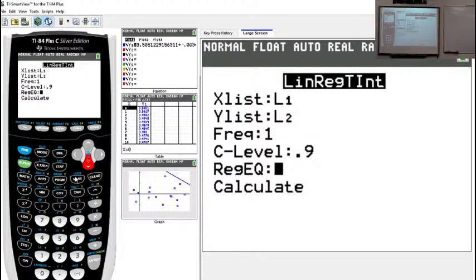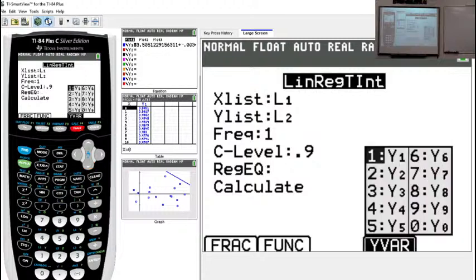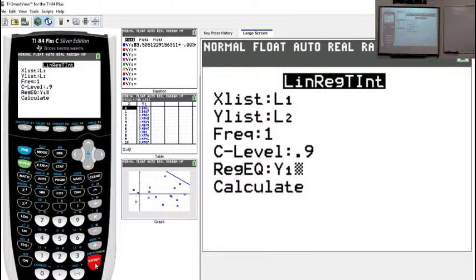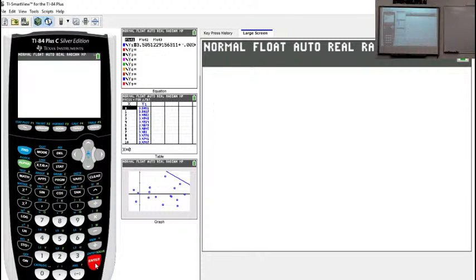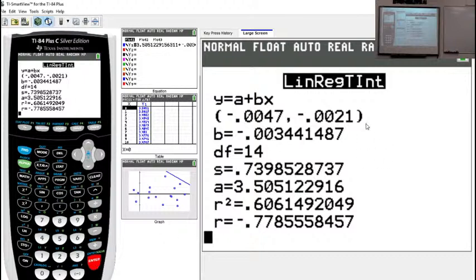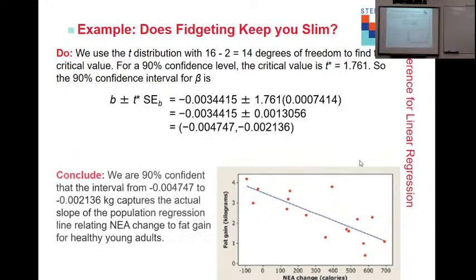Regression equation, alpha trace, it's in Y1. And there's the confidence interval. It tells you degrees of freedom is 14. We are 90% confident that the actual slope of the regression line lies between these two values.